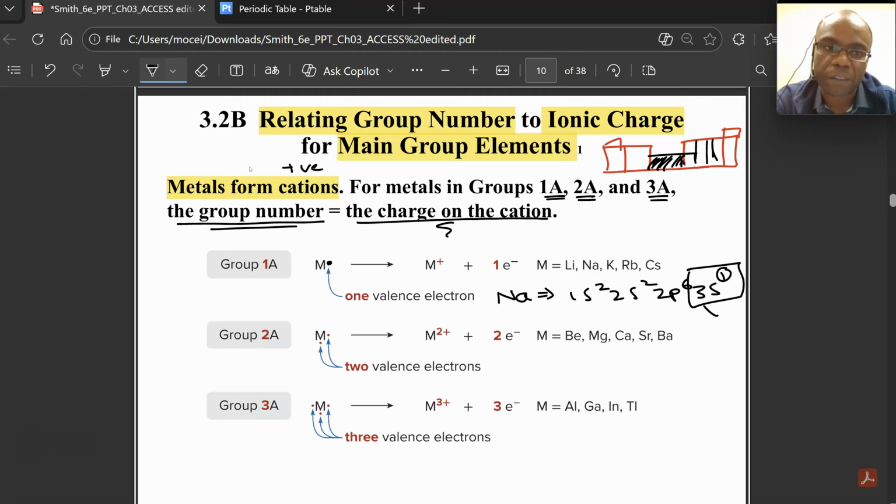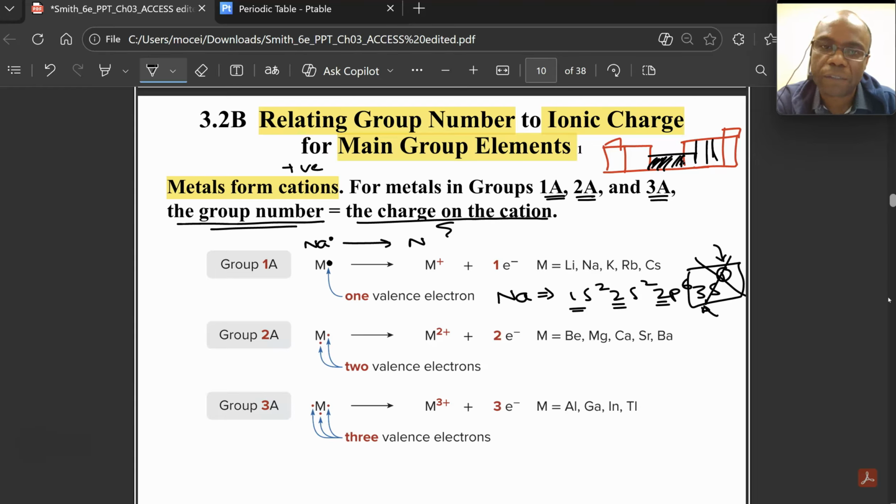So sodium is found in the third period and in group 1 because it has 1 valence electron. We can write Na with a dot. It's easier for it to lose the 1 electron than gain 7 more to get an octet. Then you're left with the second shell filled with 8 electrons and the first shell filled with 2 electrons. Happy.